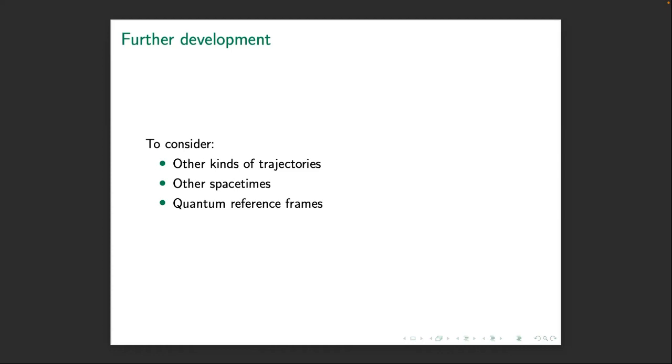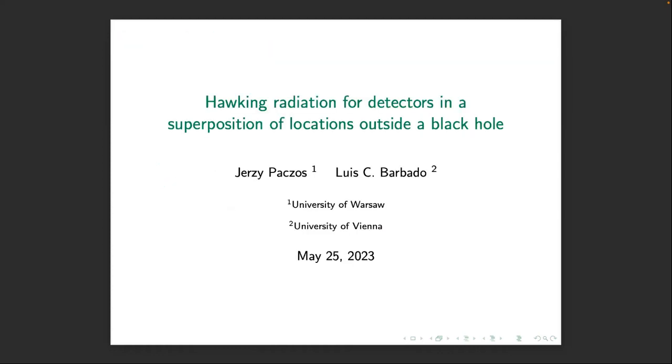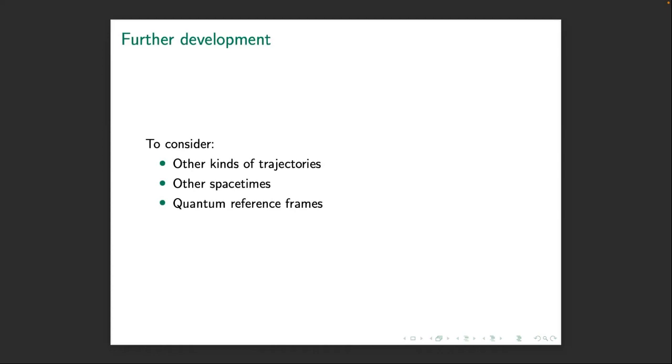And finally, we can try to interpret our results in terms of quantum reference frames. In the formalism of quantum reference frames, we can consider a situation in which we have a classical observer and a quantum system which is in a superposition of locations.